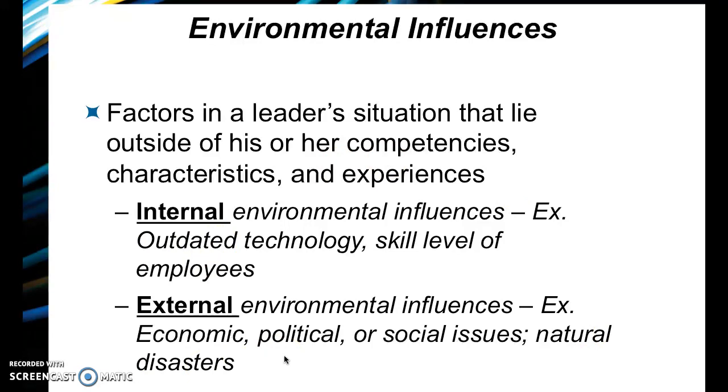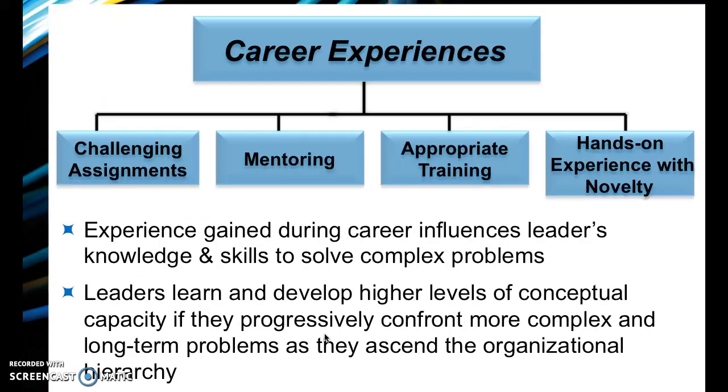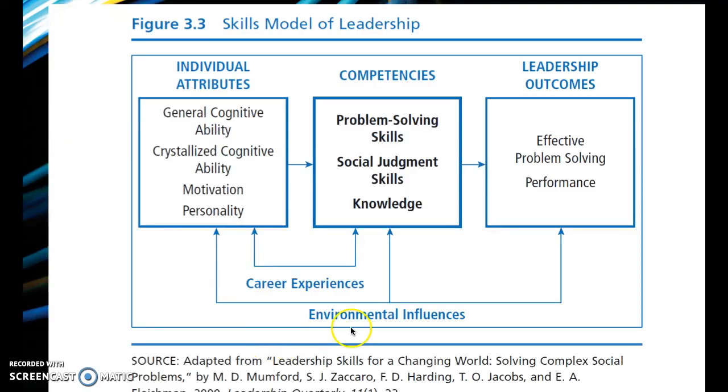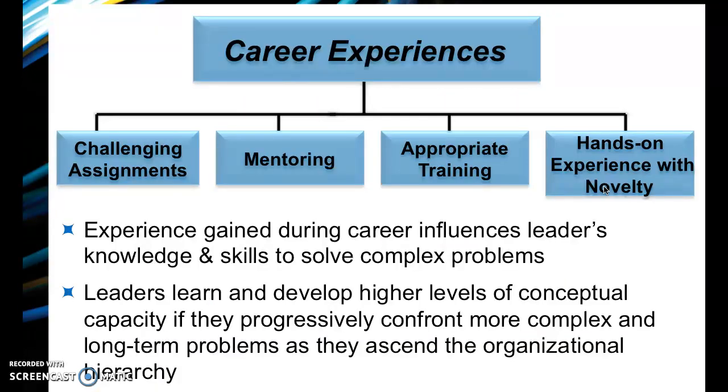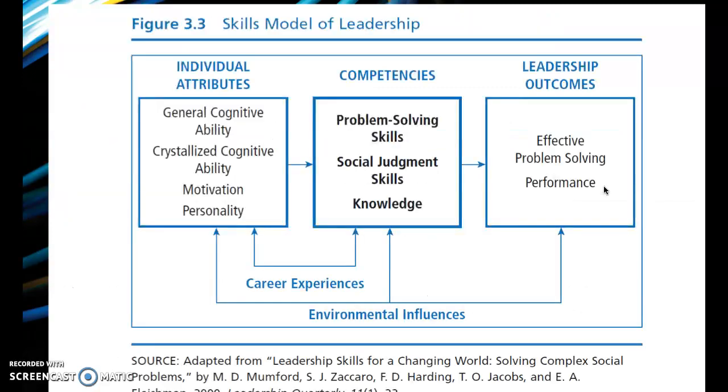That's a simple one, but they noted in this model that you have these individual attributes, you have skills and competencies that you learn, but then those are enhanced by experiences and enhanced by some of the environmental struggles. And that collectively, the leader begins to be very effective at problem solving, being able to perform their job. So those are the two major research approaches to the skills approach.